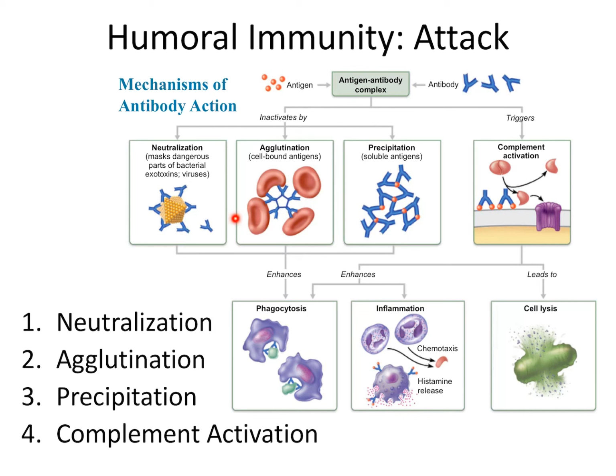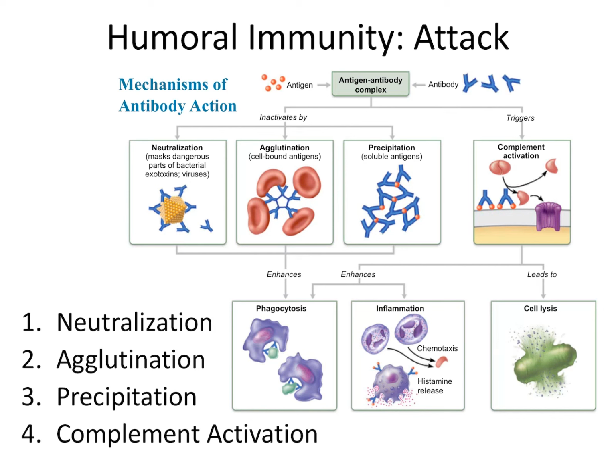So by clumping them together, you make it easier for the immune system to locate and then also destroy them. In some cases, there can be precipitation. Now, this would be a way of clumping together soluble antigens that are not necessarily attached to whole cells. The same principle would apply here, though, where having a clump of them would make it easier to destroy them.